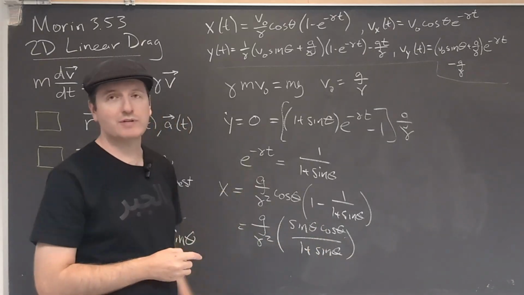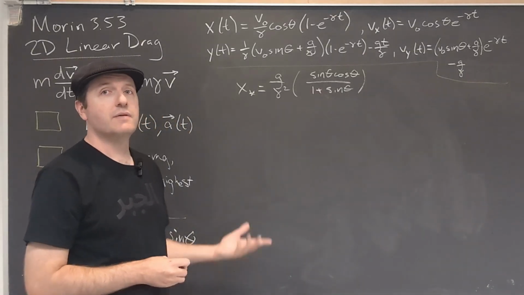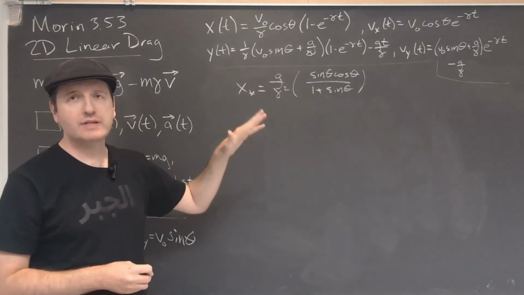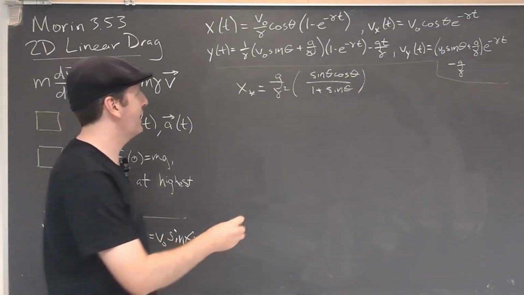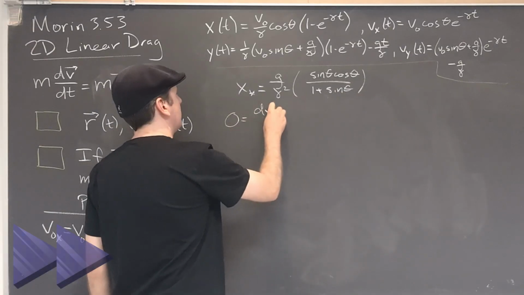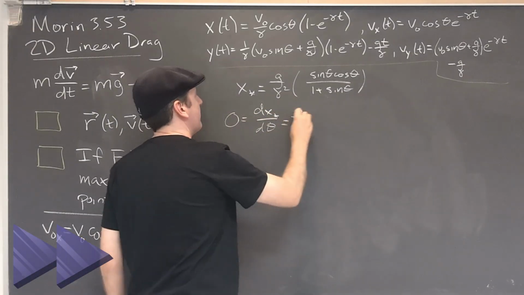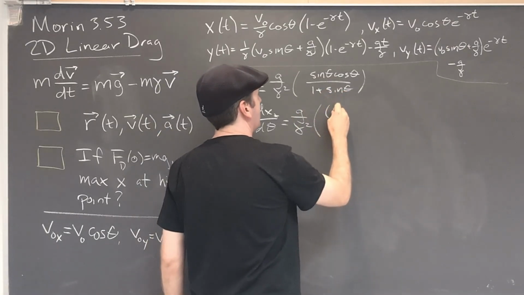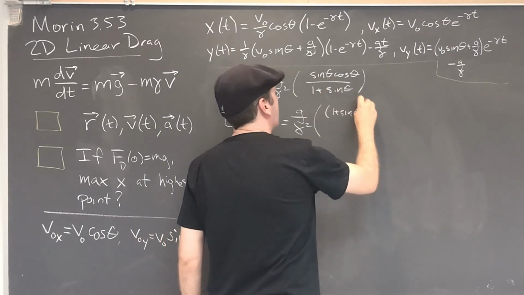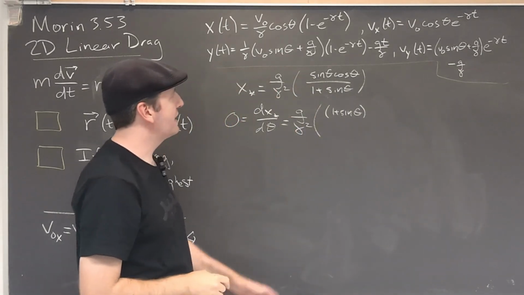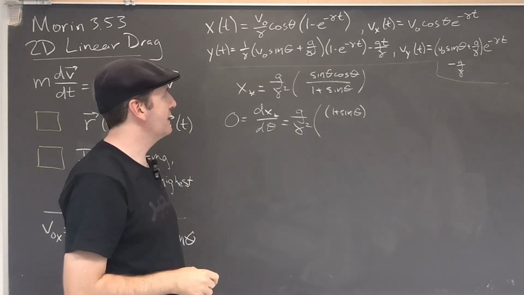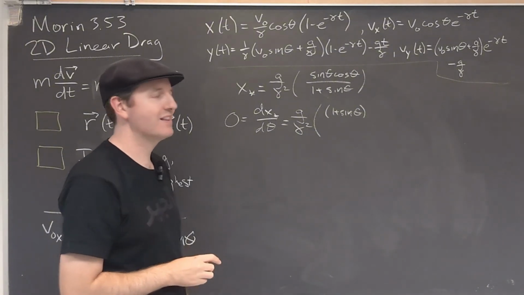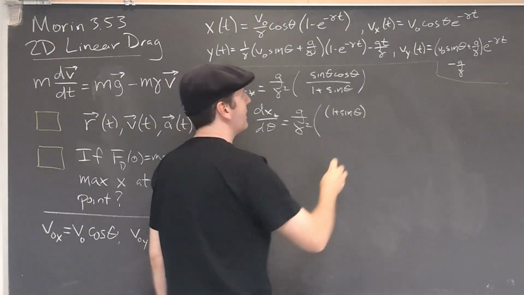So let's bring this up and we'll take our derivative. So notice that actually when we take this derivative, it is going to be a quotient rule with these angles. So we'll go ahead and do that. Okay, quotient rule, bottom times the derivative of the top. You might say, well, you could do some trig identity to make this a half of sine 2 theta. Yeah, we could, but honestly, I want to keep things as a polynomial in sine theta at the end, so I'm going to leave it.